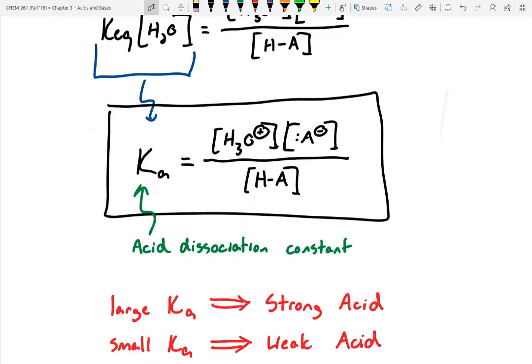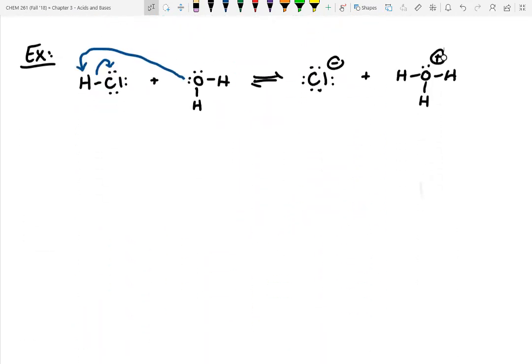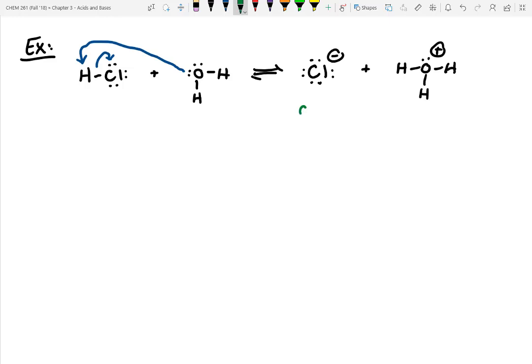Let's take a look at the conjugate base. Over here, we've got our conjugate base. Why is this conjugate base so stable? It's got a full octet, and what about its electronegativity? It's pretty electronegative. It's in that top right-hand corner of the table. It's perfectly happy having a negative charge. So that's another way of thinking about why HCl is a strong acid.